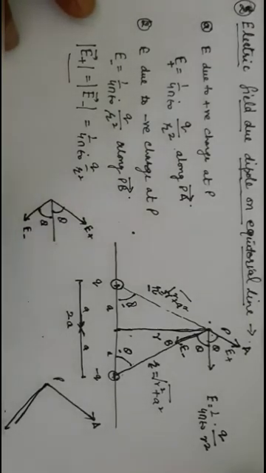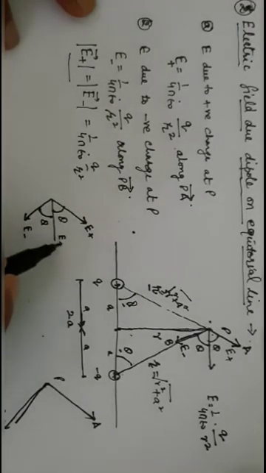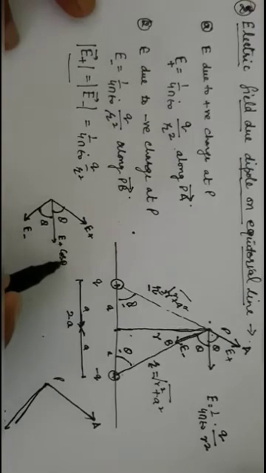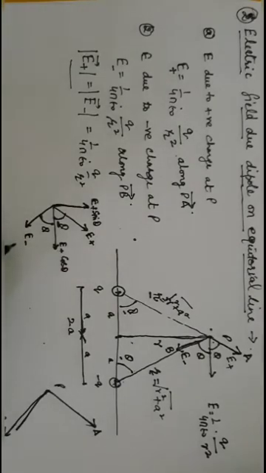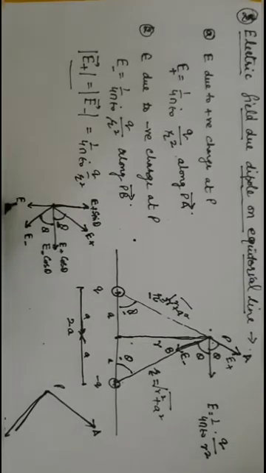If you resolve E positive, it becomes E positive cos theta and perpendicular one E positive sine theta along this direction. Now resolving E negative, E negative with the angle is E negative cos of theta and perpendicular to it is E negative sine theta.